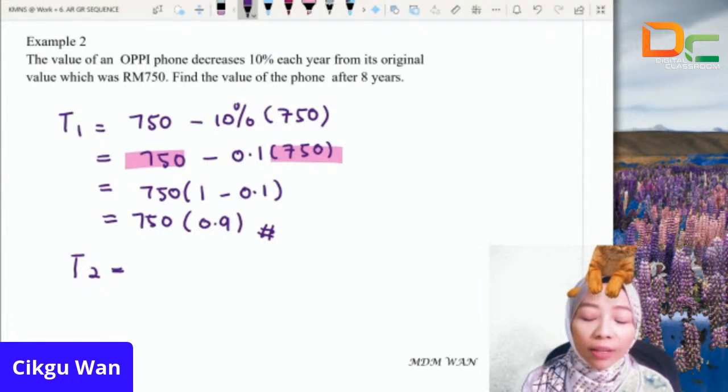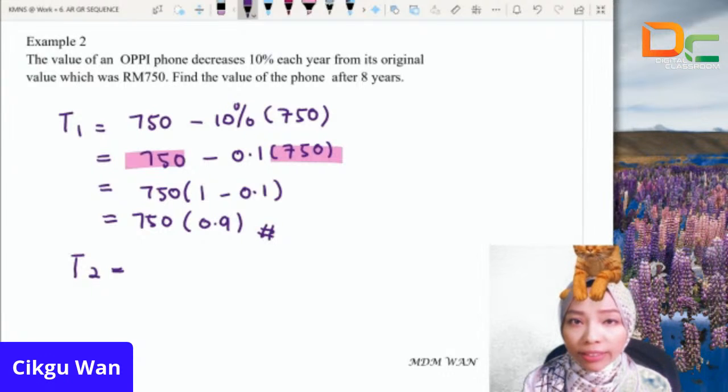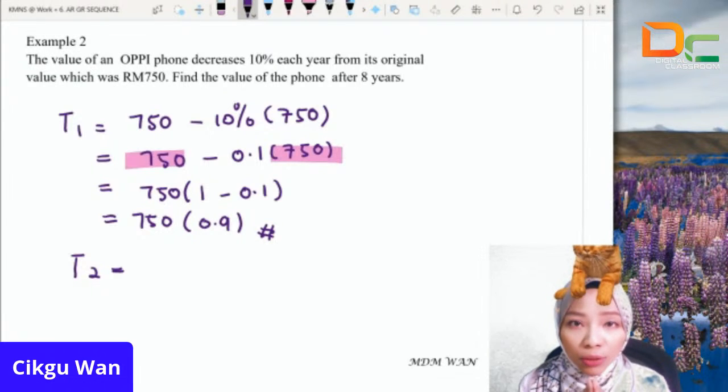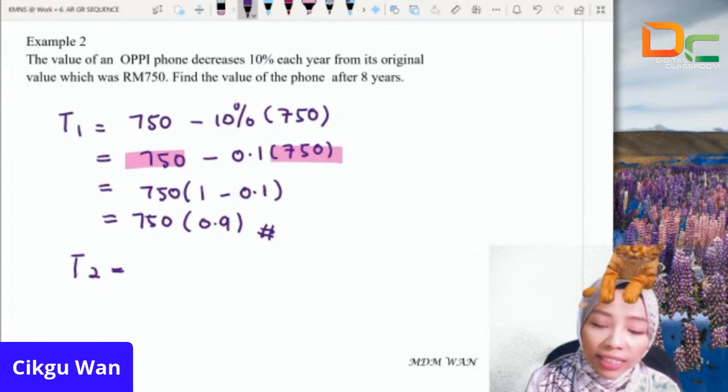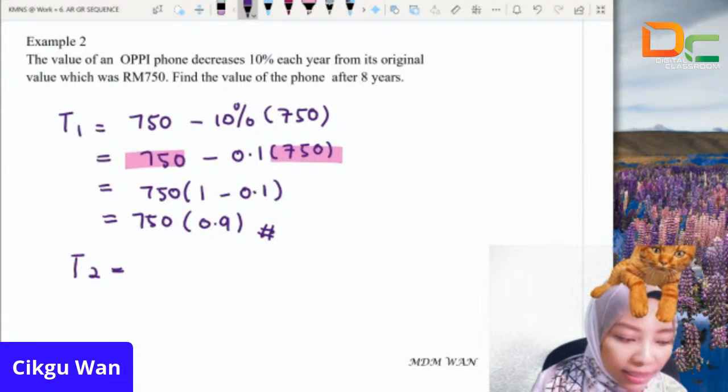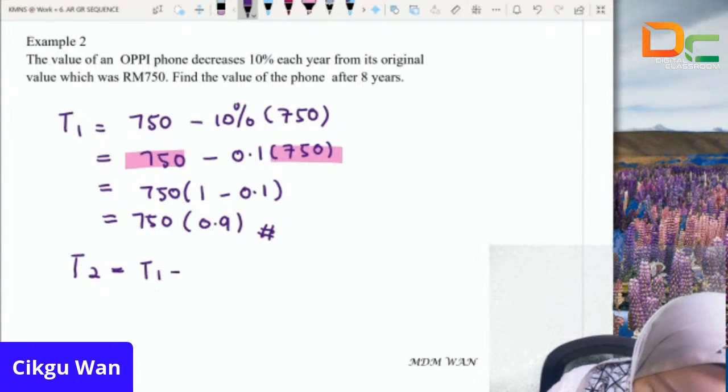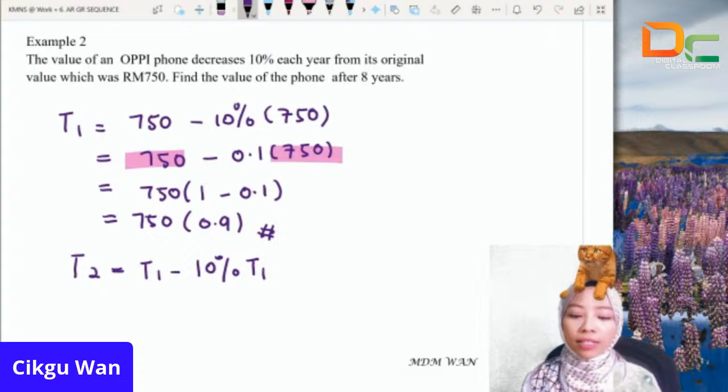I ulang lagi sekali, harga telefon itu pada tahun kedua akan berkurang sebanyak 10% daripada tahun pertama. So apa yang kita buat adalah T1 minus with 10% T1. Okay, so 10% lagi sekali daripada T1.